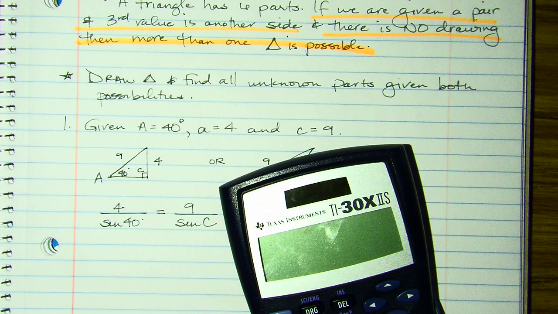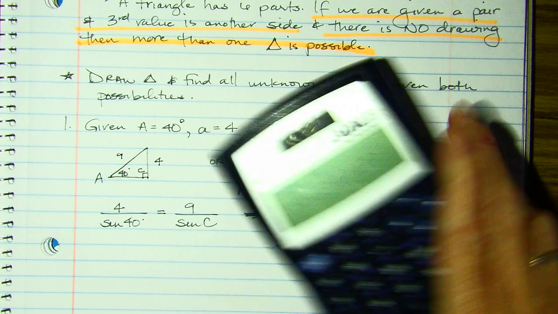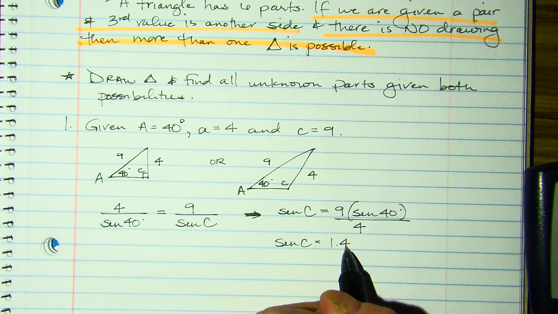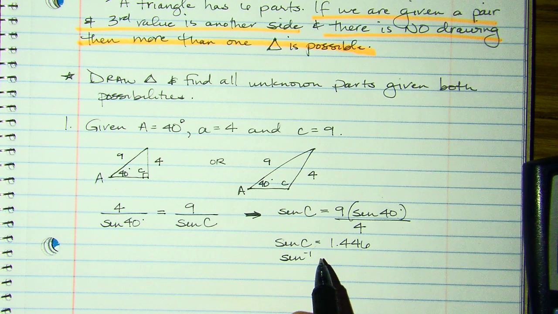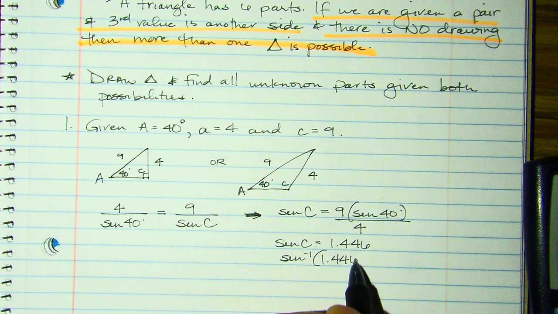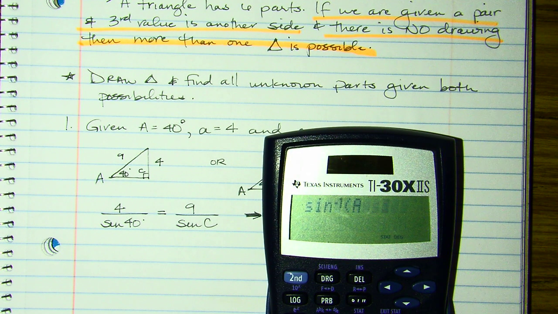So 9 times the sine of 40 degrees divided by 4, and I get 1.446, and then I would have to do sine inverse of 1.446 equals angle C, and I get domain error.